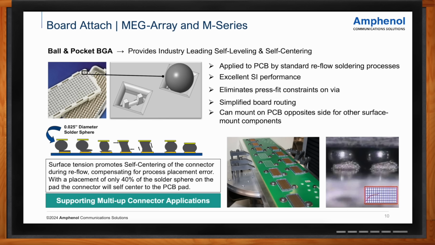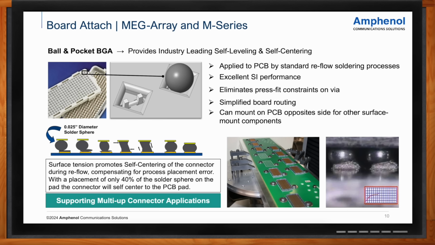When they process it to their PCB, you have a close, intimate connection with the housing to the solder sphere to the PCB. And through surface tension, just through physics, the solder sphere will want to self-adjust, self-center to the PCB pad.